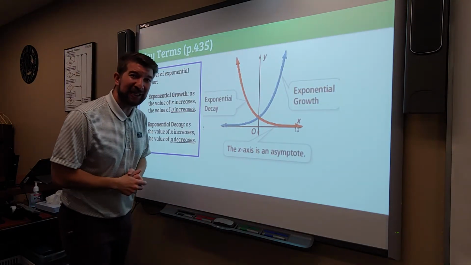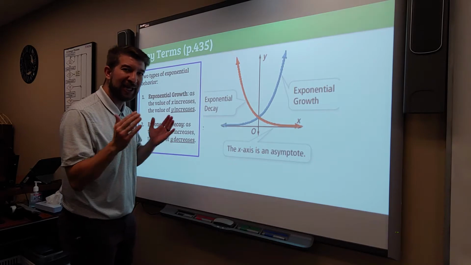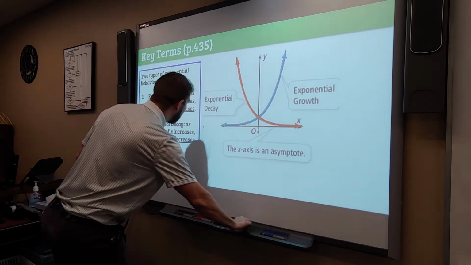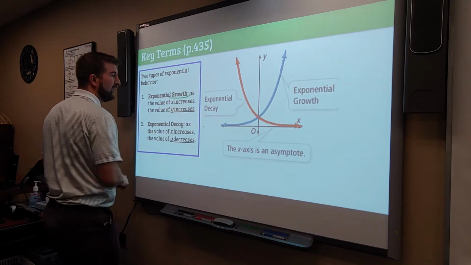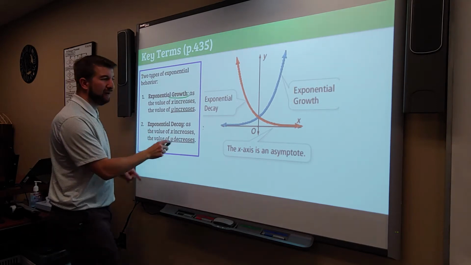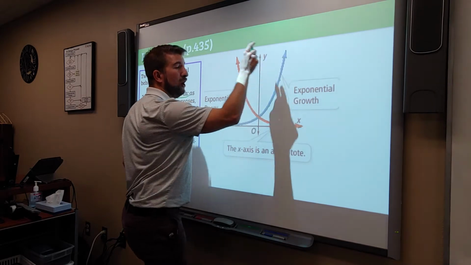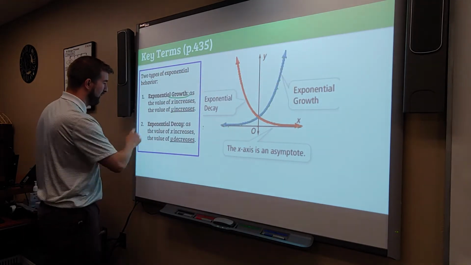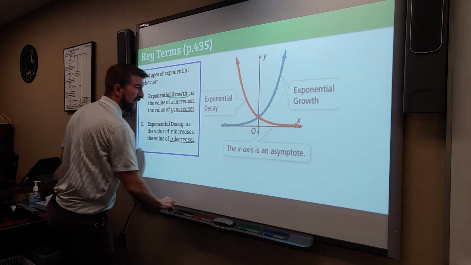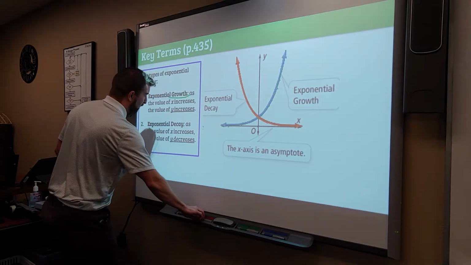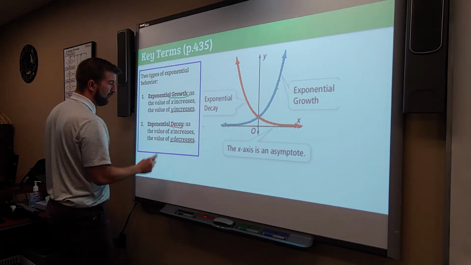When we think about exponential growth and exponential decay, here's what we're talking about. When we say growth, think of growth as green. The x value increases, and as the x value increases, the y value increases. When we think about exponential decay, we'll use red to represent that.